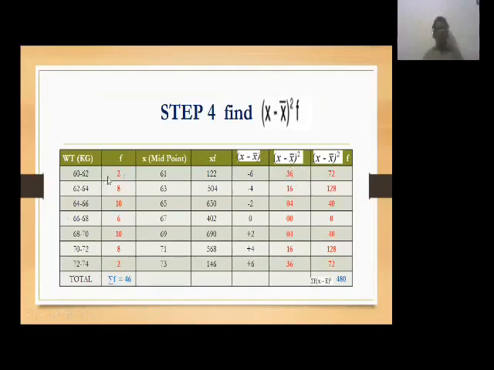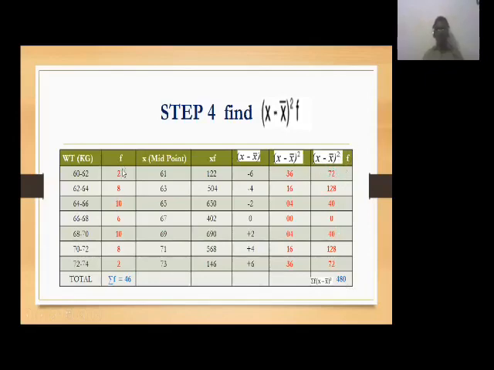So 36 into 2, 72. 8 into 16, 128. 10 into 4, 40. 6 into 0, 0. 10 into 4, 40. 8 into 16, 128. 2 into 36, 72. So we have found f into x minus x bar whole square. Then the sum is 480.